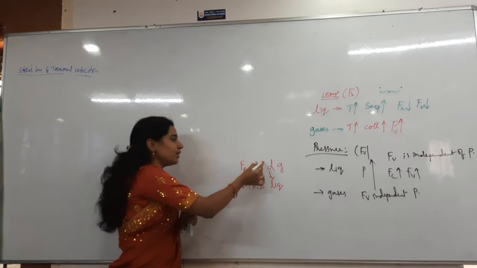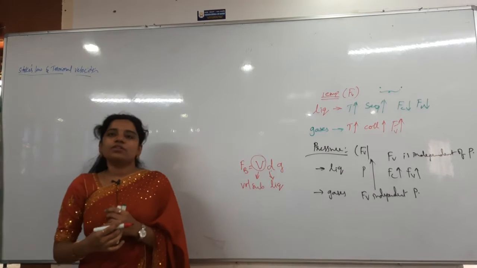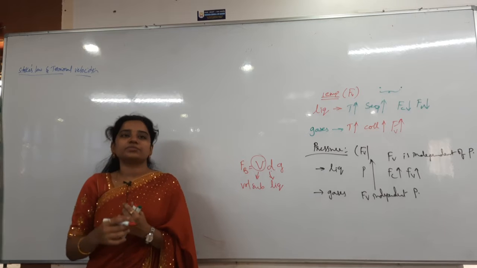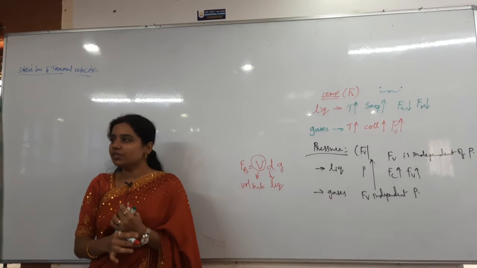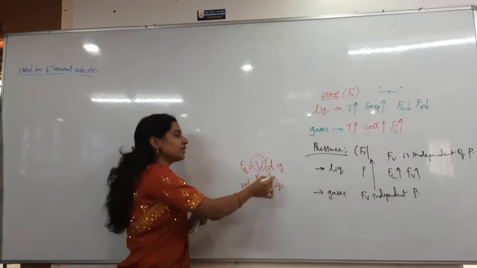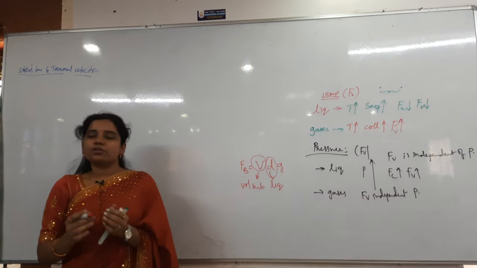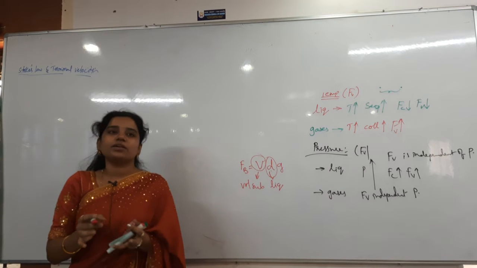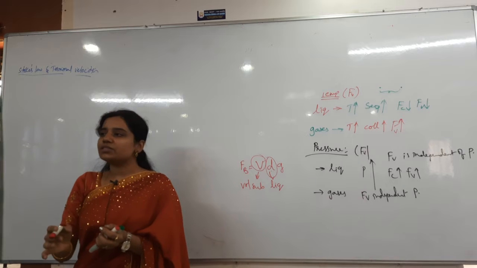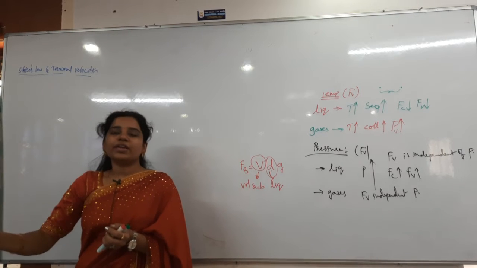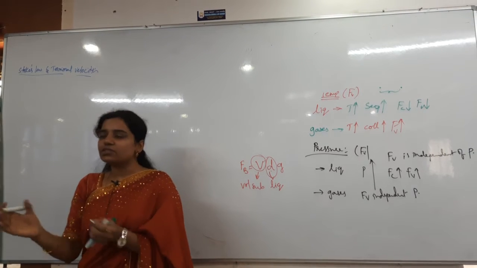Here, which volume do you have to take? Volume of the substance which is submerged in the liquid, and here you have to take the density of the liquid. So the force of buoyancy, or upthrust, is exactly equal to the weight of the liquid displaced. That is the force of buoyancy.